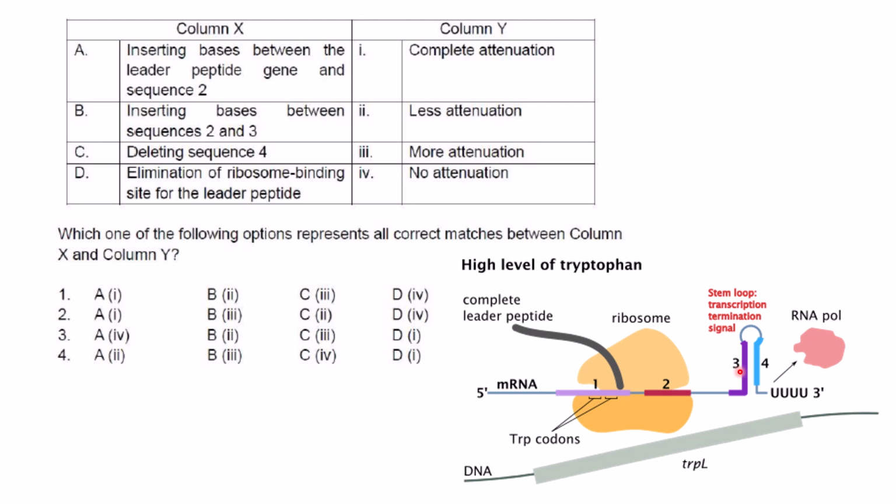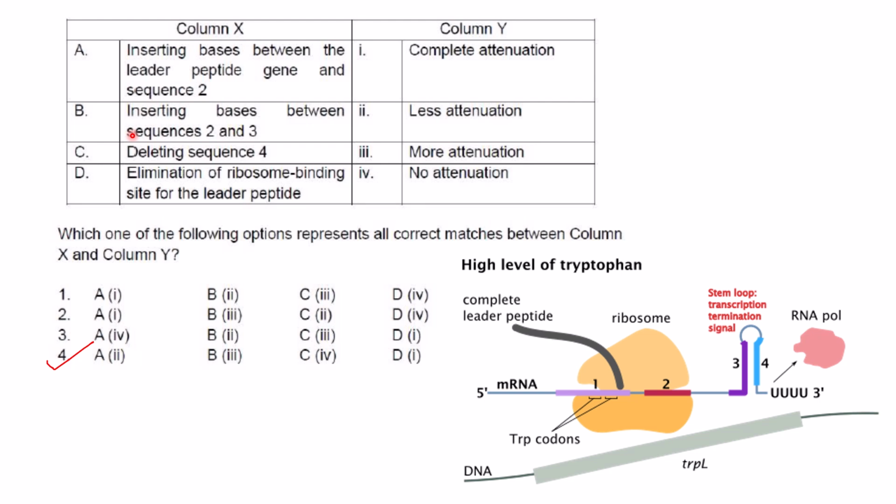So attenuation will not take place, or I can say it is less attenuation. So A will be 2. So that makes option 4 itself as the answer, because A2 is not there in 1, 2 and 3 options. Now we will see what is happening in others also.